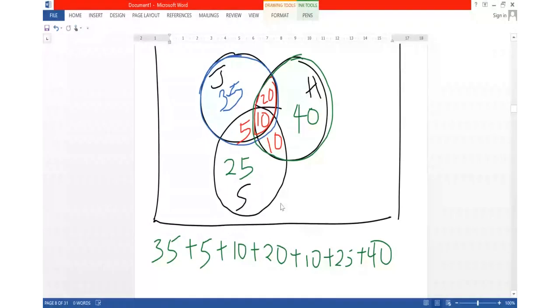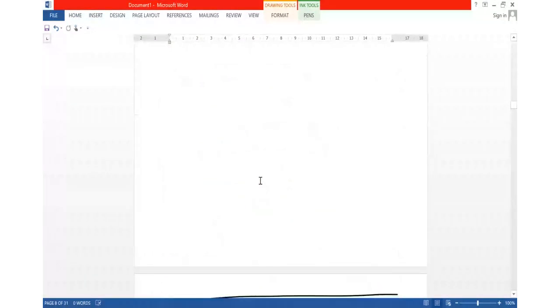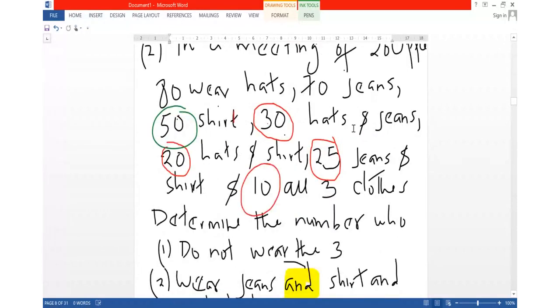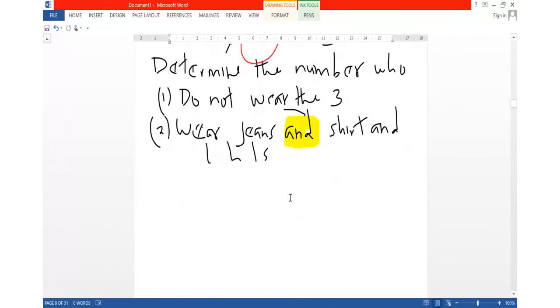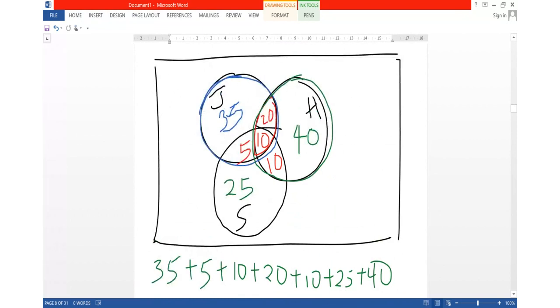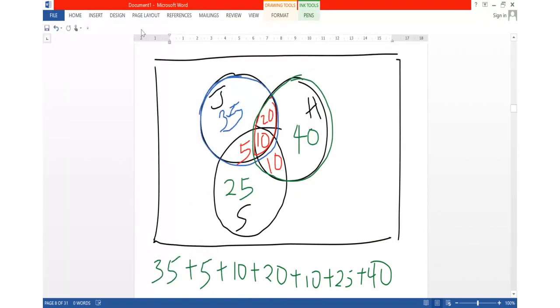So jeans and shirts, they are 25. Yes, I thought I had done the example, so these are supposed to be 15. Sorry for that, not 5. They're supposed to be 15. Thank you for that. So this one will change a lot of things.